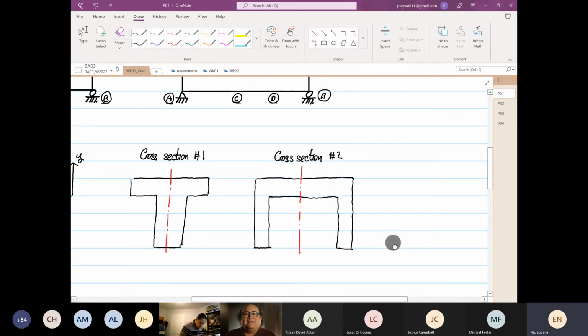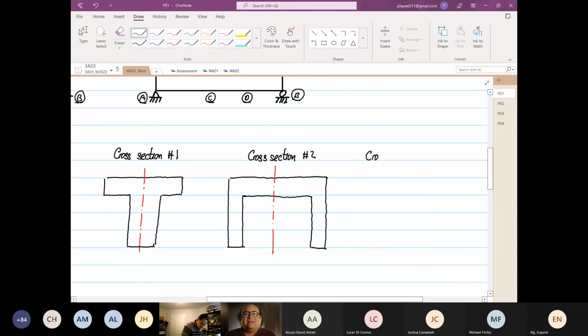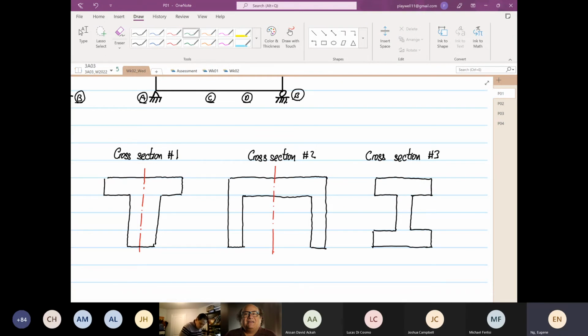And then cross section number 3. I'm going to draw a cross section that is I. Then I'm going to draw the axis of symmetry.